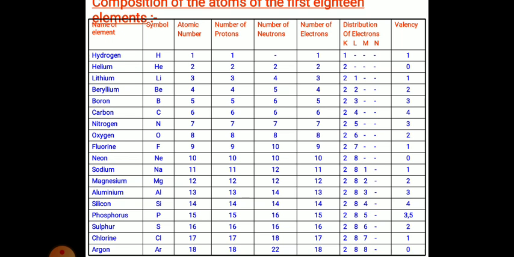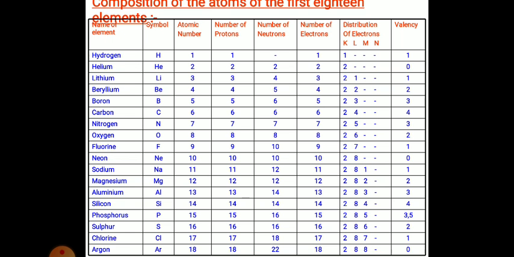The number of electrons is equal to the number of protons, that is 6, because a whole atom is neutral.